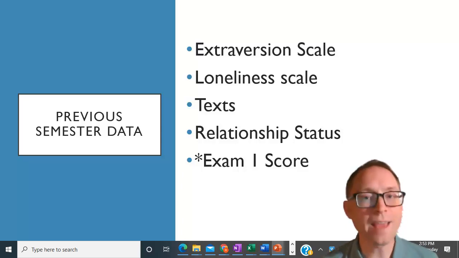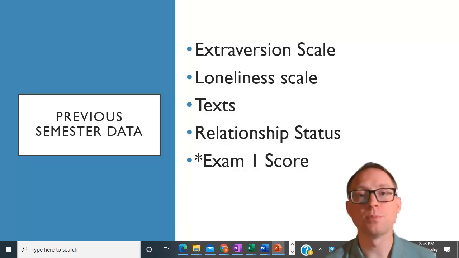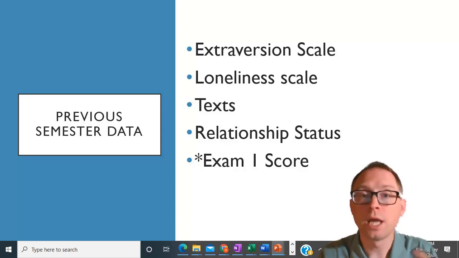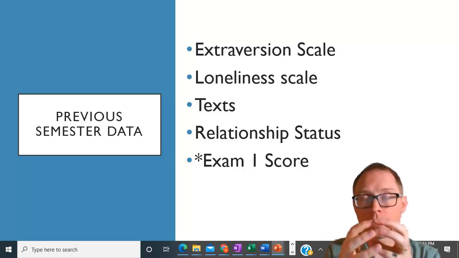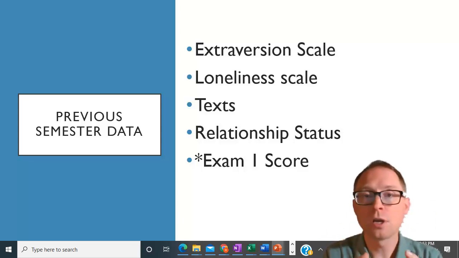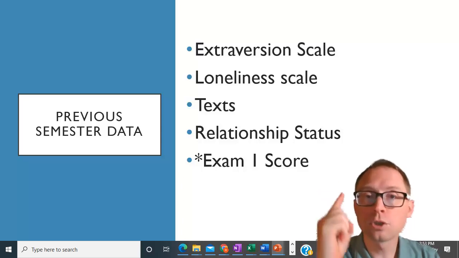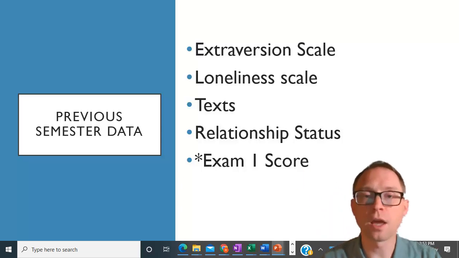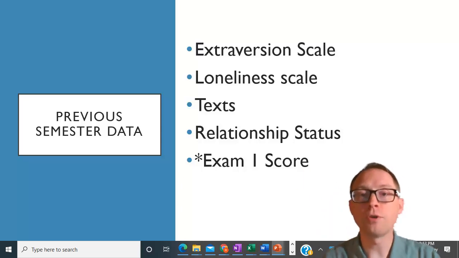For any scale, remember a scale is multiple self-report items that measure the same concept. For any scale, you are going to take those multiple self-report items and you're going to chunk them together. Either you're going to add them up or you're going to get an average and you're going to get 1 score. All scales give you 1 score. The vast majority of scales also give you continuous data.